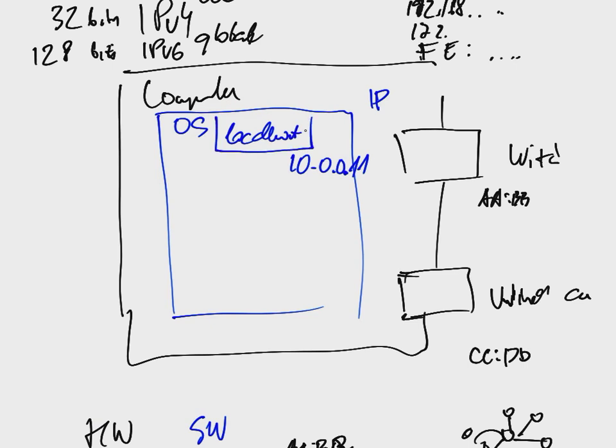Localhost is an interface implemented in software. It doesn't have any relation to the hardware. It is like a shared buffer between different processes running inside your operating system. If you have your web browser and web server inside the same physical machine, then you may connect one client to another, not through this physical hardware, but through the localhost interface.